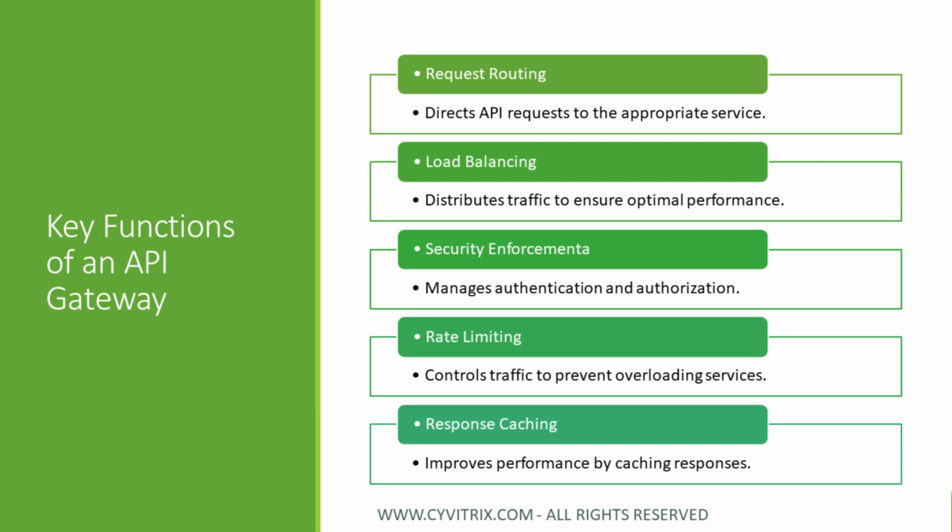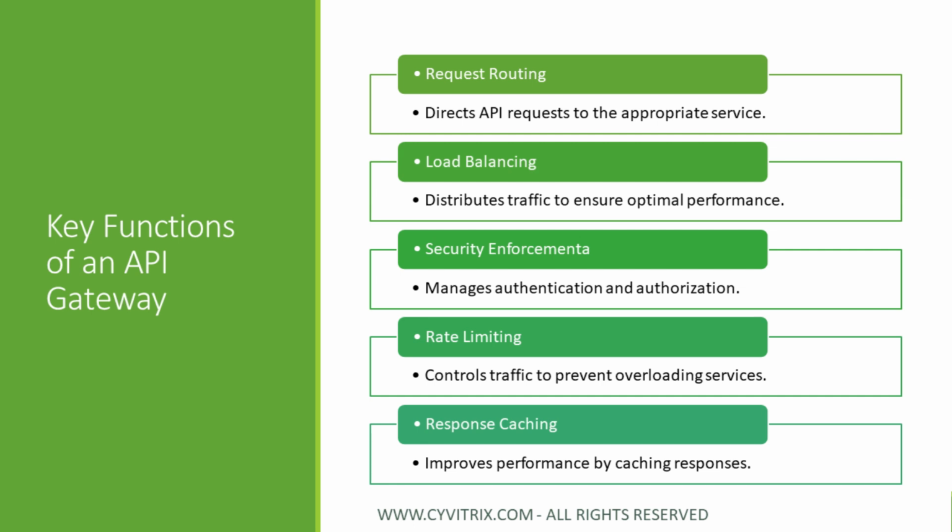An API gateway can handle various tasks such as request routing, directing incoming API requests to the appropriate back-end service. It also provides load balancing to distribute traffic across multiple instances of a service, improving performance and availability. API gateways help enforce security by managing authentication and authorization, ensuring only authorized users can access the API.